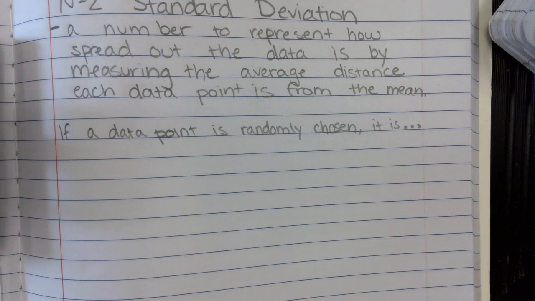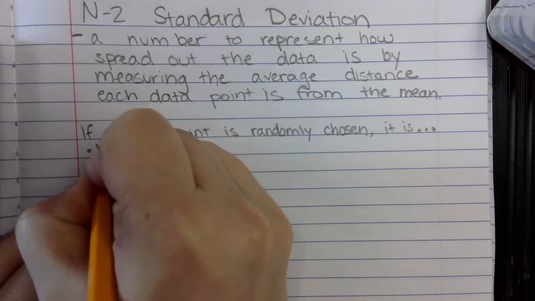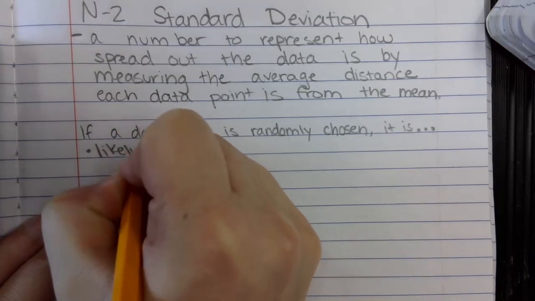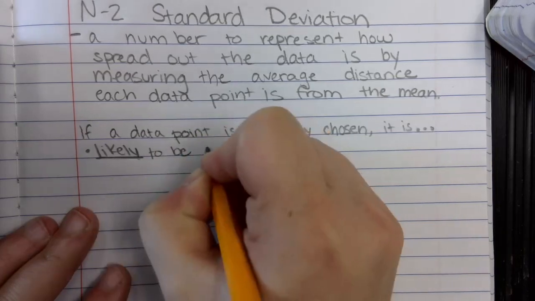Possible. That's what I said. No. Guaranteed or certain. And then there was the one right in the middle. Even chance. Yep. Okay. So we're going to talk about this probability. So it's likely to be within one standard deviation.